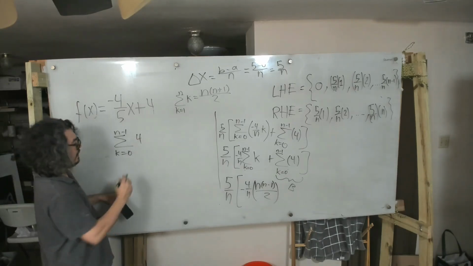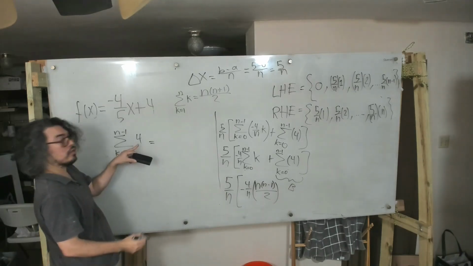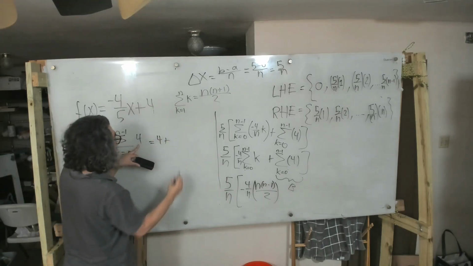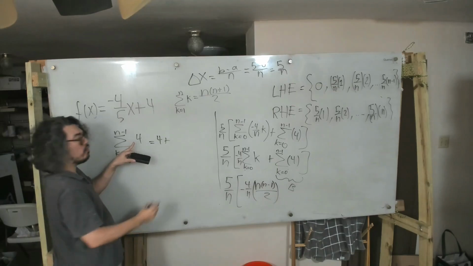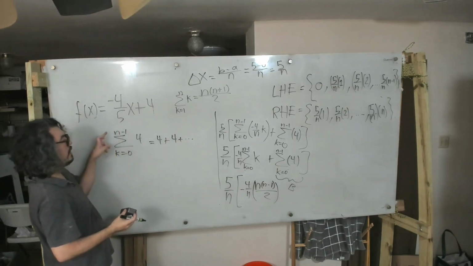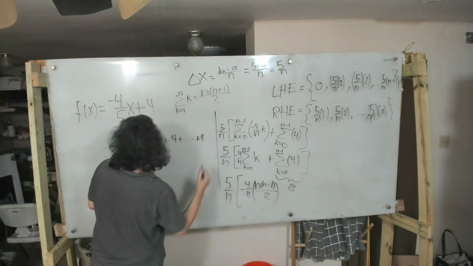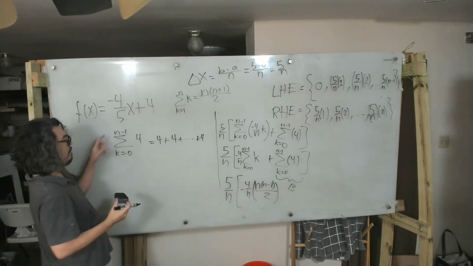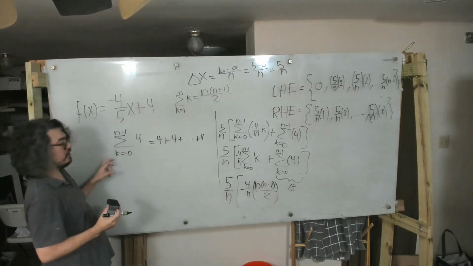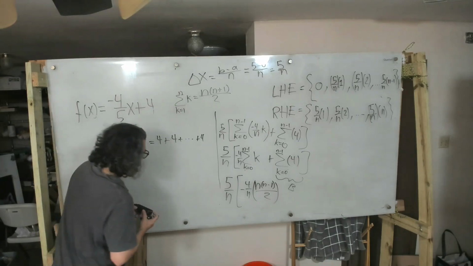When k equals 0, this is 4. So it's 4 plus, when k equals 1, this is still 4, 4 plus dot dot dot. And when k reaches n minus 1, it's again 4. So what really is happening here is we want to figure out how many terms there are from 0 to n minus 1.